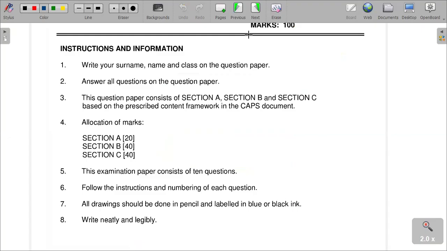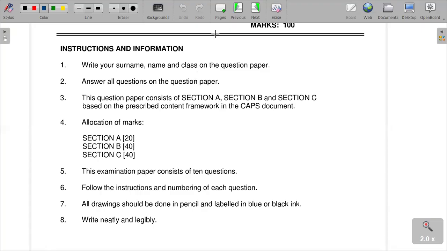This question paper consists of Section A, B, and C based on the prescribed content framework in the CAPS document. Allocation of marks: Section A is 20 marks, B 40, and C 40 marks. This question paper consists of 10 questions. Follow the instructions and the numbering for each question.